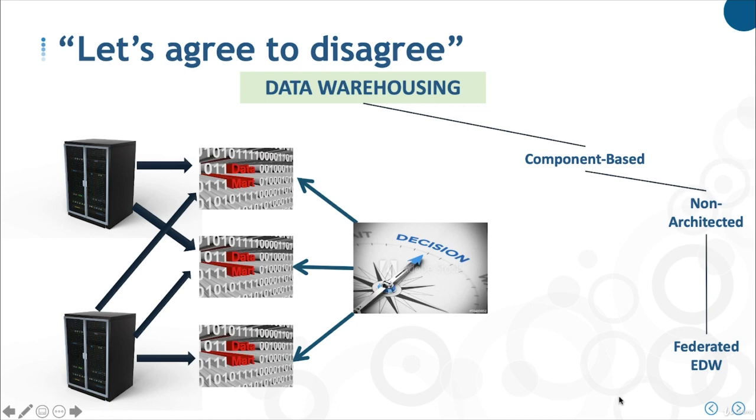So instead, what we do is build a collection of independent data marts, as we've seen already, and essentially draw a dotted line around those independent data marts and just sort of declare, hey, we're going to consider all of you data marts to be part of a data warehouse, even though we are likely to have different answers to the same queries and reports coming out of those multiple data marts.